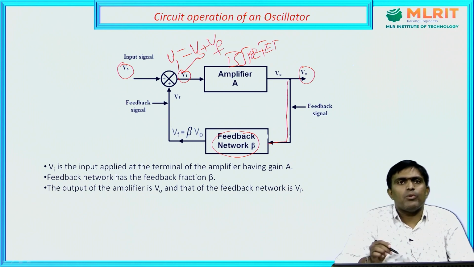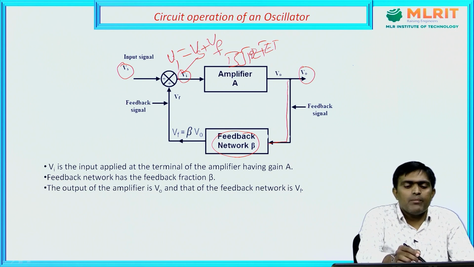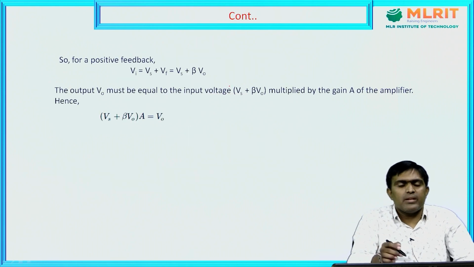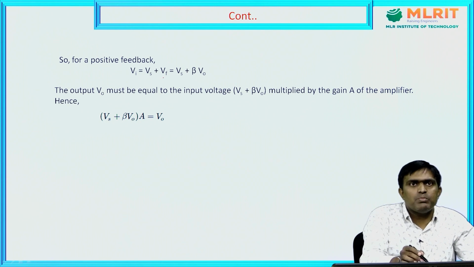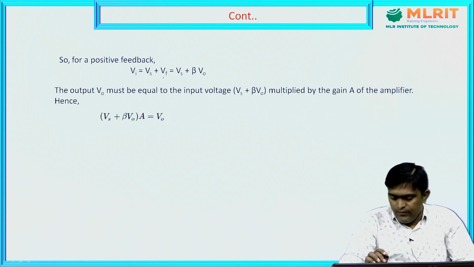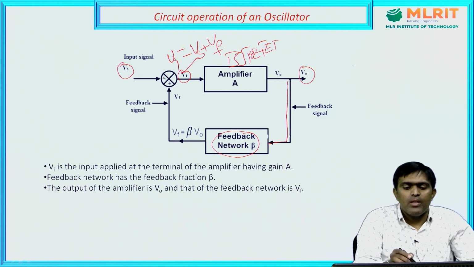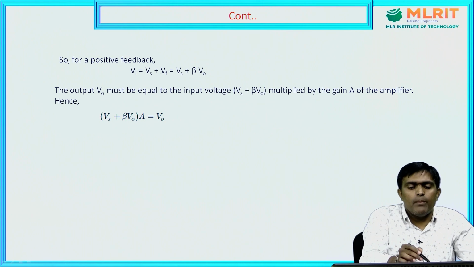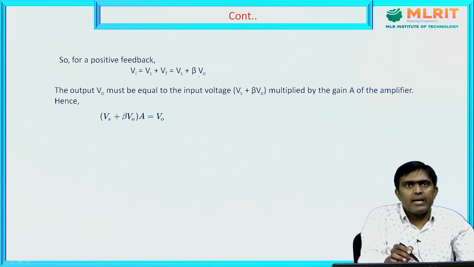As it is positive feedback, the input to the amplifier is Vi equal to Vs plus Vf. And from the circuit, Vf is beta times the output voltage V0. So substituting, Vi equals Vs plus beta times V0.